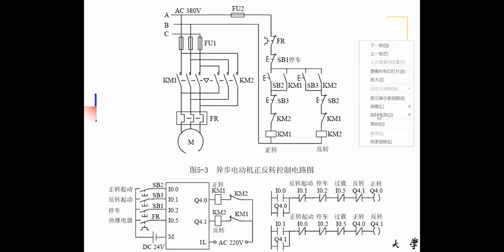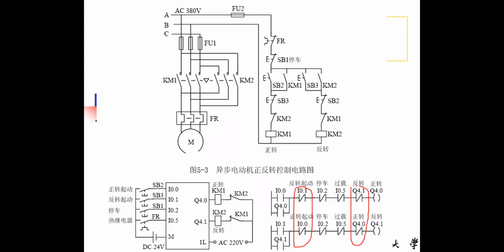So we can see in this process these two interlocks: the start button interlock and the state interlock. So this is the motor control for forward running and reverse running.